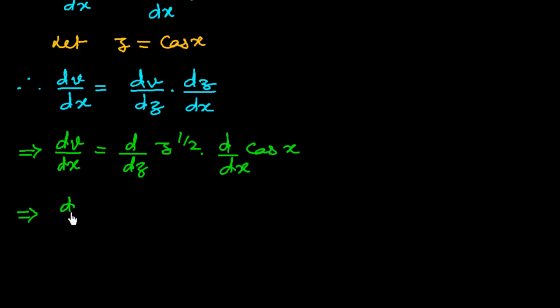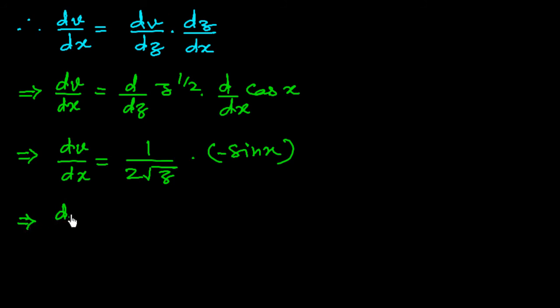So if we differentiate z power half with respect to z, we get 1 upon 2 root z, and the differentiation of cos x is minus sin x. Implies dv over dx is equal to minus sin x over 2 square root of cos x.